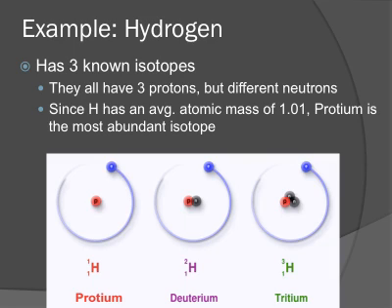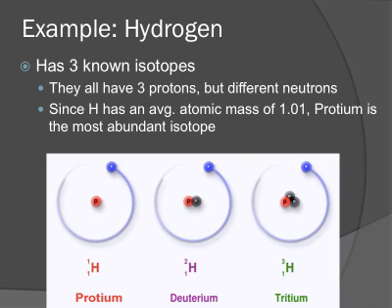So there probably will be several questions on your test, and there are a few on your homework, when it says which of these isotopes is most abundant, all you have to do is look at the average atomic mass and see which one of these is closer. For instance, oxygen's average atomic mass is 15.9994. Which isotope of oxygen do you think is most abundant? 16.